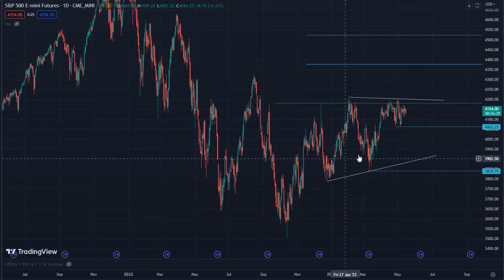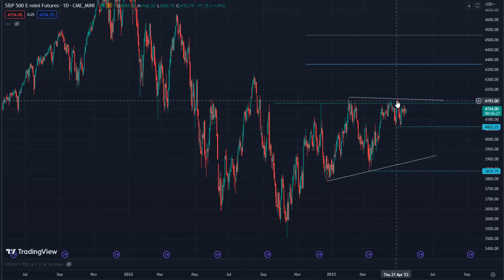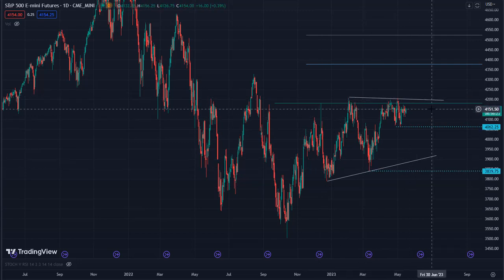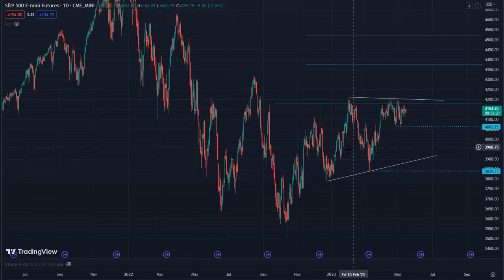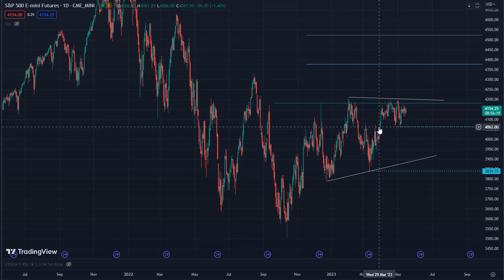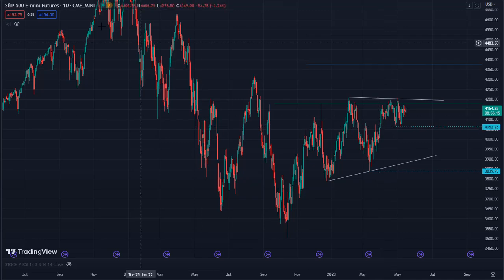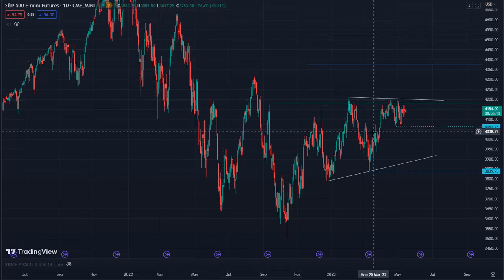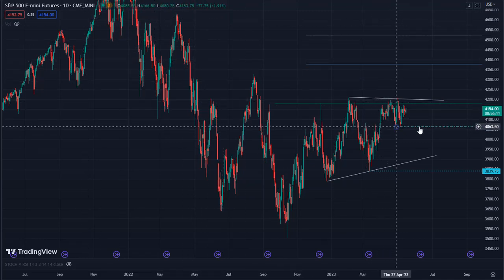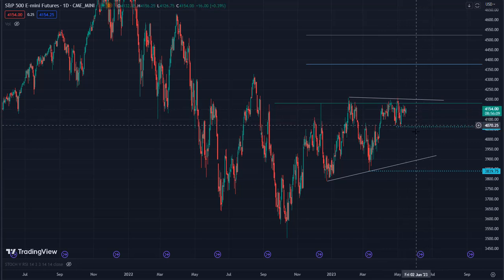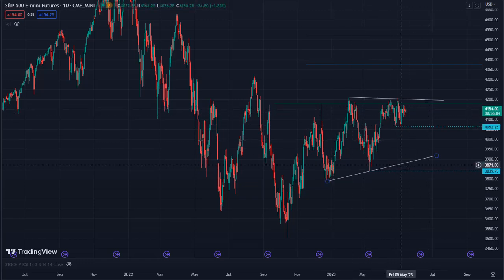And now, we have this sideways movement, which I have a little triangle drawn here. And what would that look like? Well, we would have to see price go down and break 40.62 quarter. And these are the futures that I'm talking about right now. Break of 40.62 quarter, and then that would most likely have us inside of this triangle.